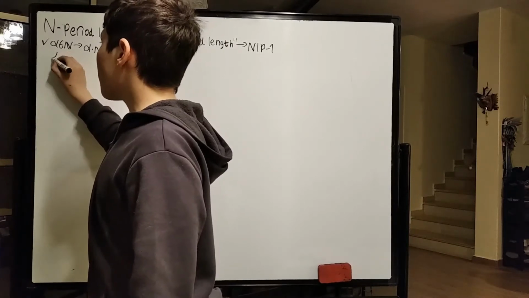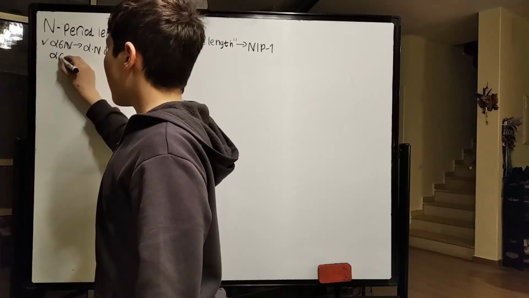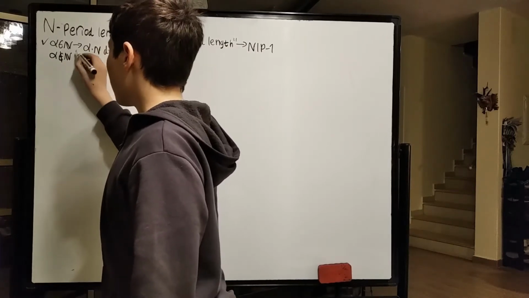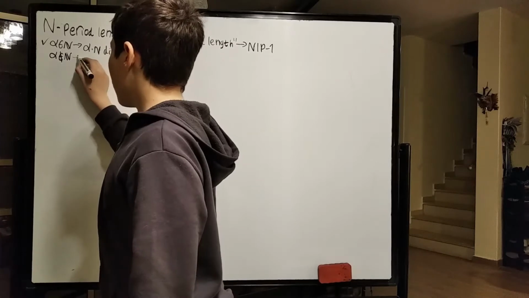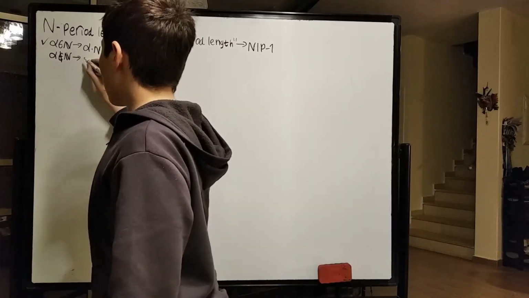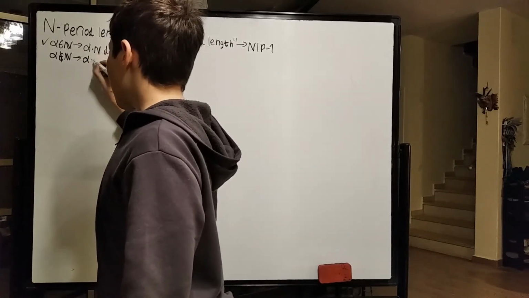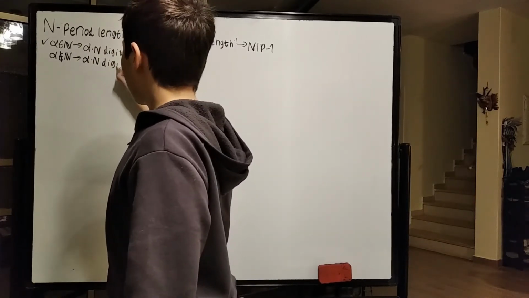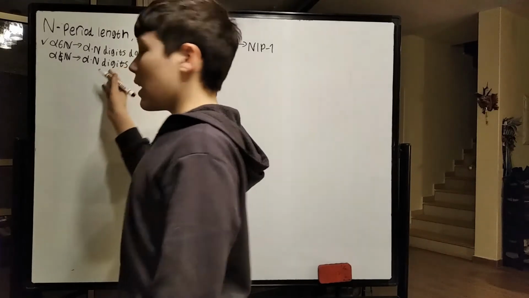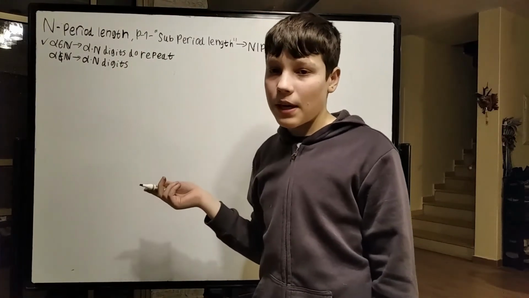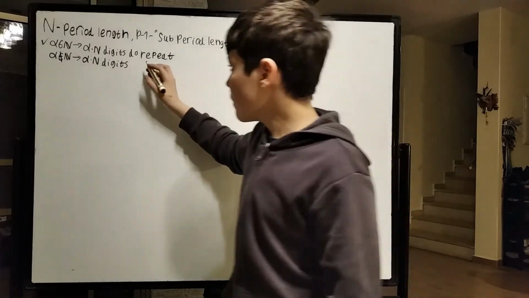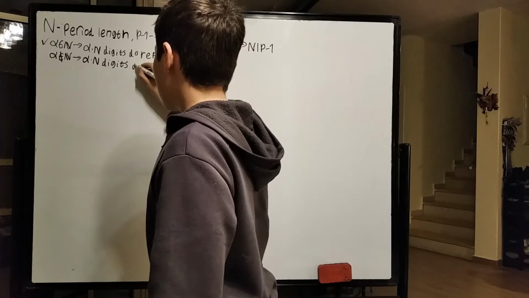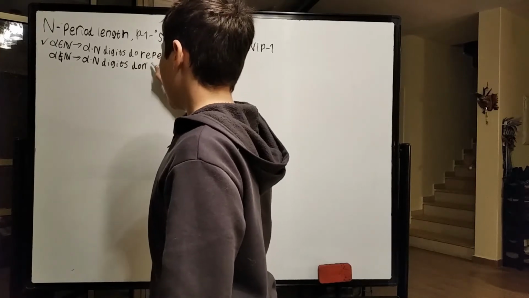But what we will prove is that if alpha is not a natural number, then we definitely have that alpha times n digits, if alpha times n happens to be a natural number, then that amount of digits don't repeat.